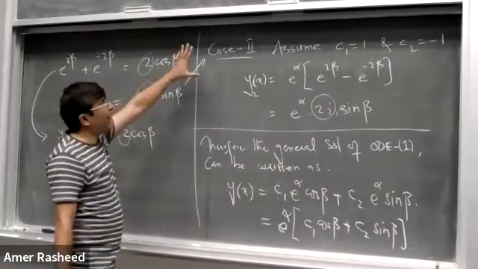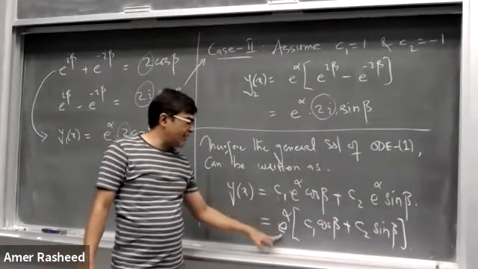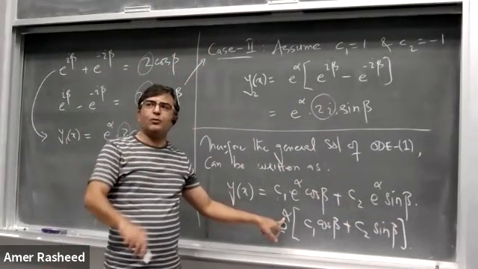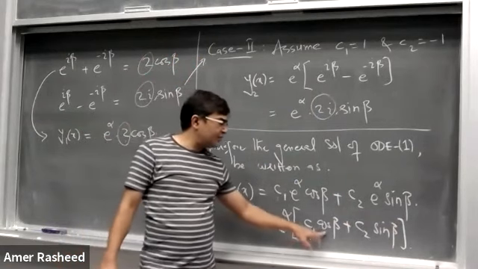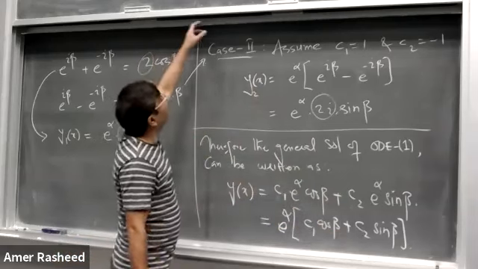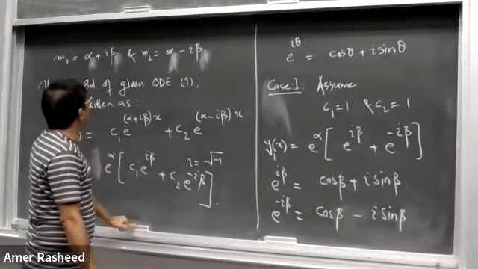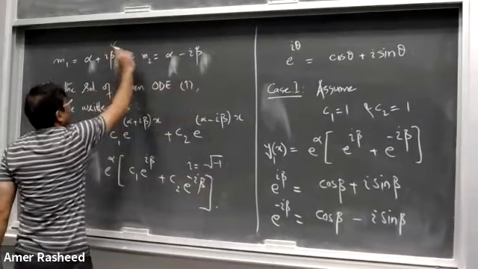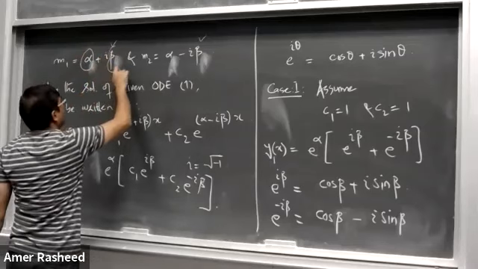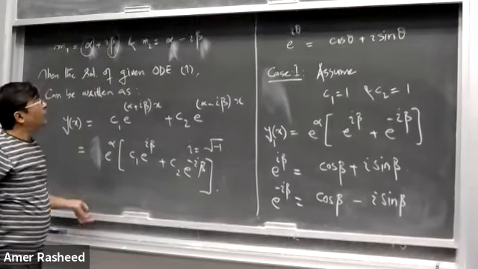So in case of complex conjugate roots, you can write the general solution in this form: y of x is equal to e raised power alpha, where alpha is the real part of those complex roots, times C1 cosine of beta plus C2 sine of beta, where beta is the imaginary part of the complex roots.